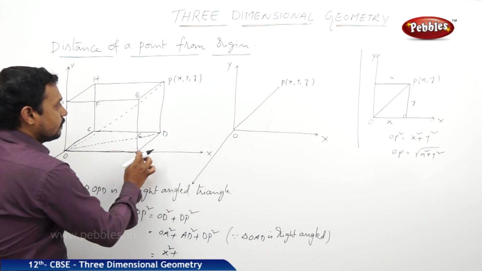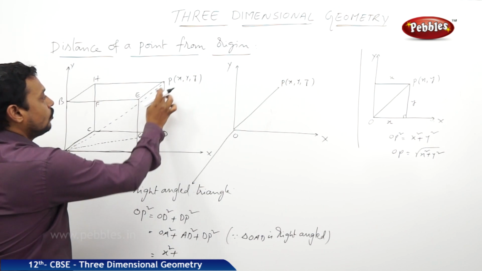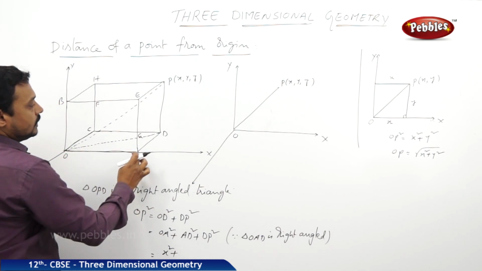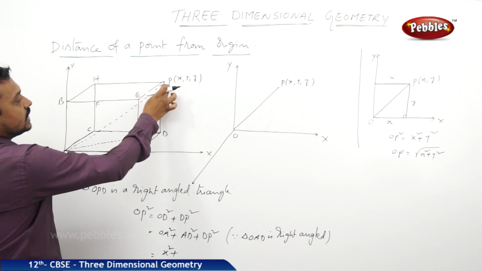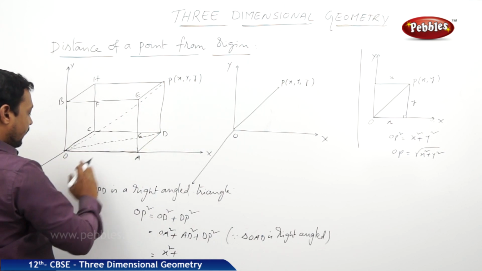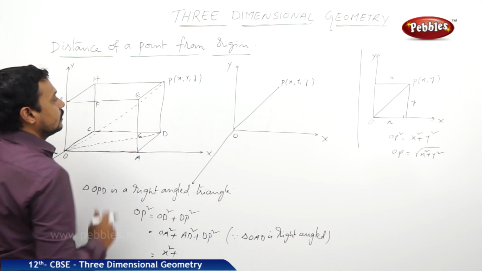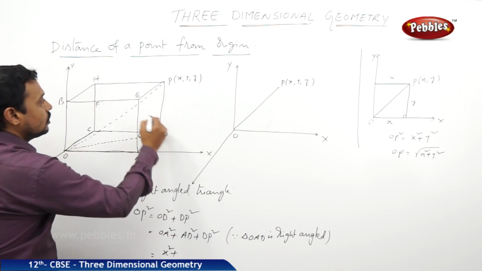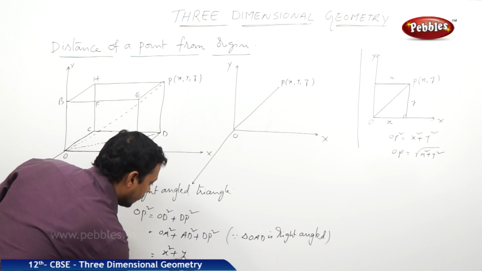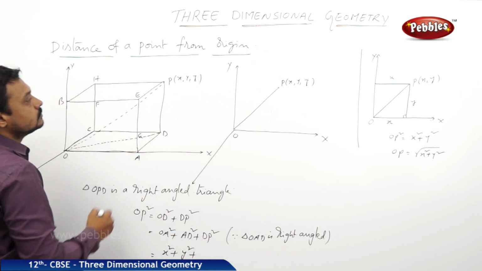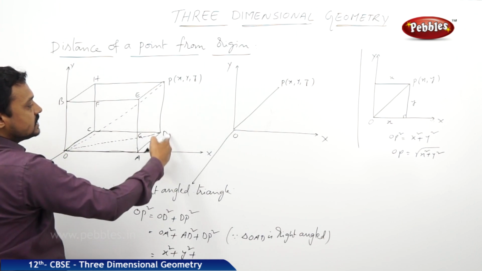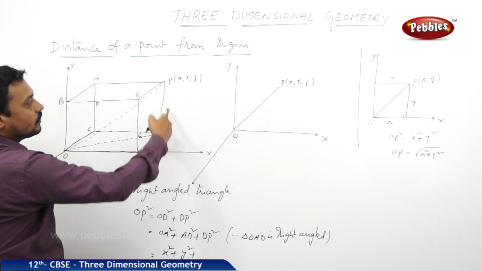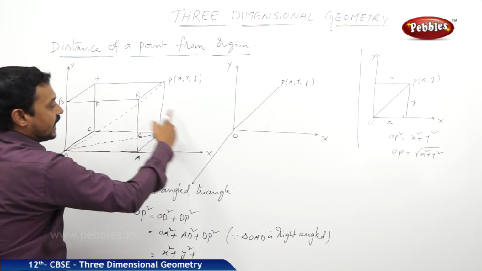Next, AD. AD is equal to EP. What is EP? It is the distance of the point P from XZ plane. So that AD is equal to EP, that is equal to y, hence it is y square. And DP. D is the foot of the perpendicular from P to the XY plane.